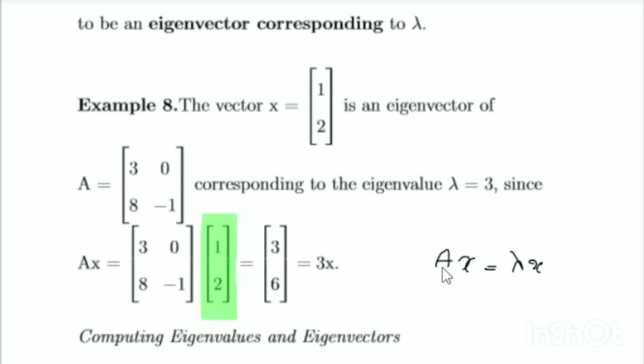Now, for finding eigenvectors, there is a method. First, you are given a matrix. From that matrix, you find the characteristic equation, then the corresponding eigenvalues, then its eigenvectors.